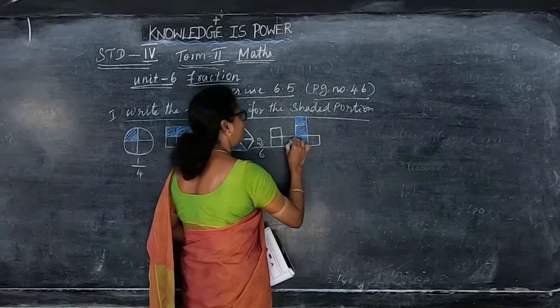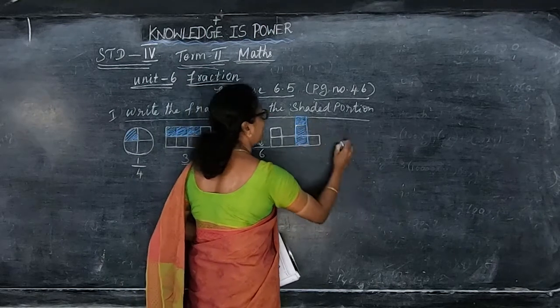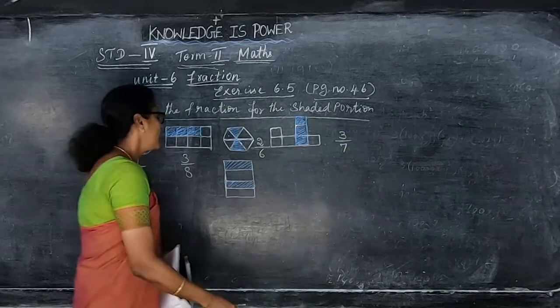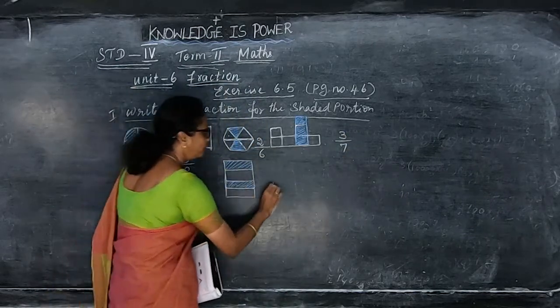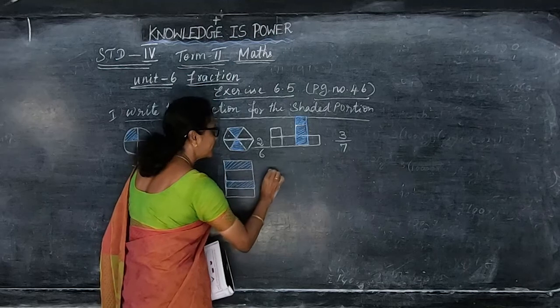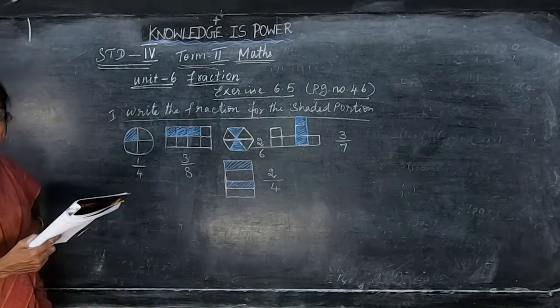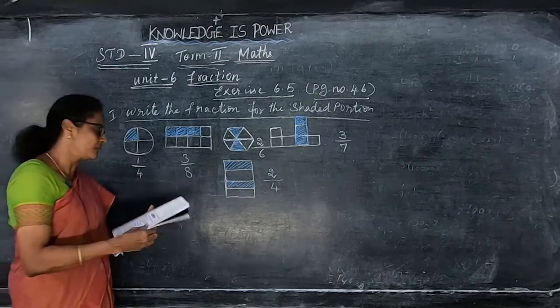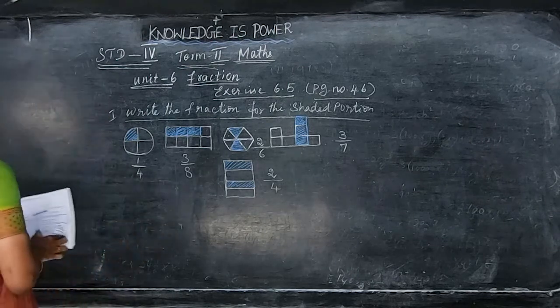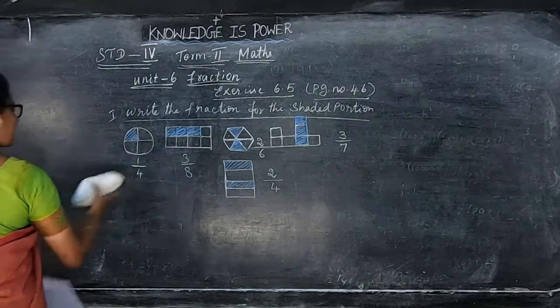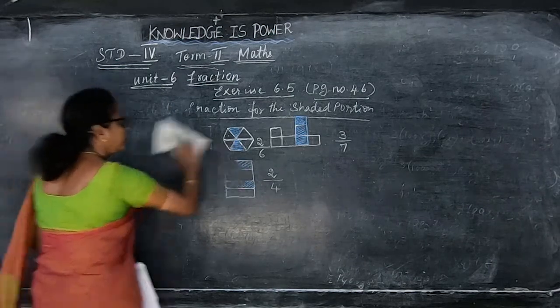And here 1 2 3 4 5 6 7. 7 parts are the total parts. 3 parts are shaded. And here 1 2 3 4. 4 is the denominator and 2 parts are shaded. So like this only. First you have to write the total parts, that should be written in the denominator. Then shade the figure according to the fractions.